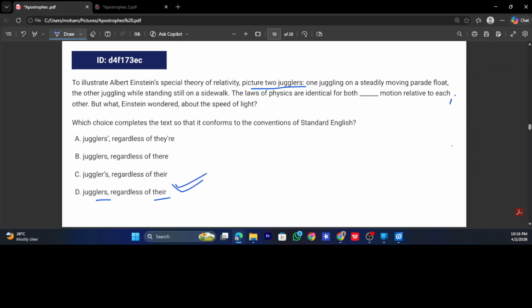Choose A is incorrect because there is not a plural possessive noun, jailers. Choose B is also incorrect, plural possessive determiner, they are, not the plural possessive determiner.